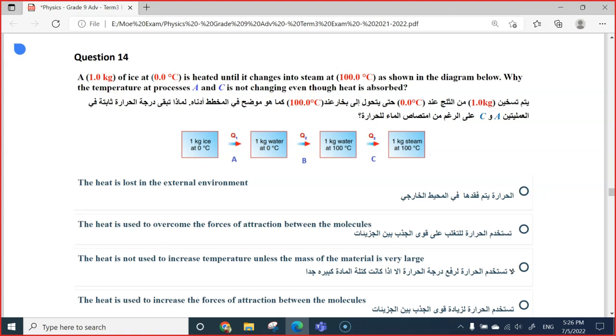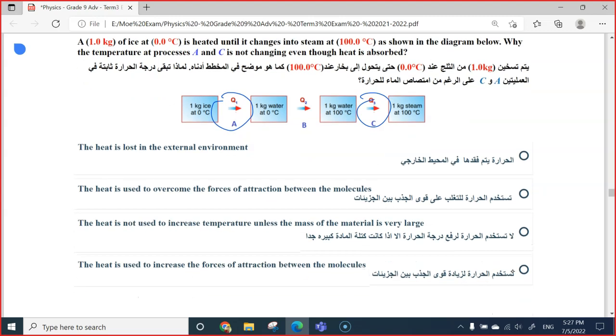The reason is at A and at C, change of state occurs. At A, the solid ice changes to liquid water. At C, the liquid water changes to steam, meaning it is changing to the gaseous state.